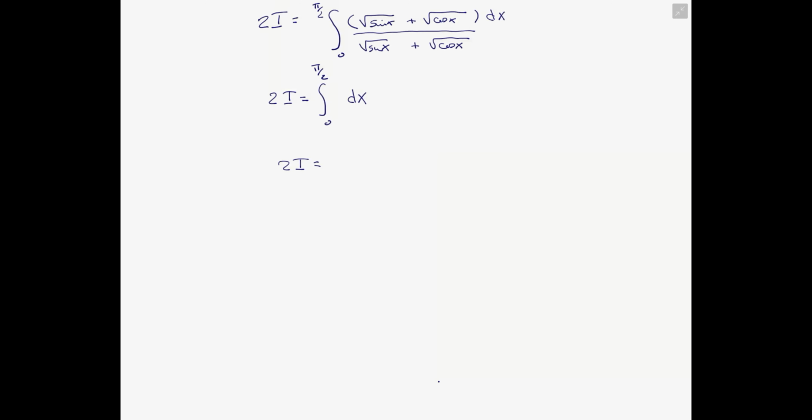Now, by combining those two integrands, we ended up with a ratio that is simply 1.